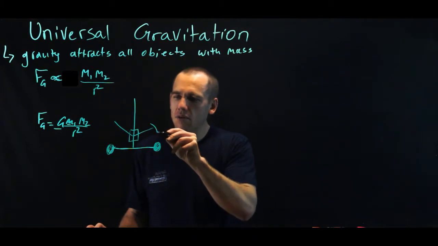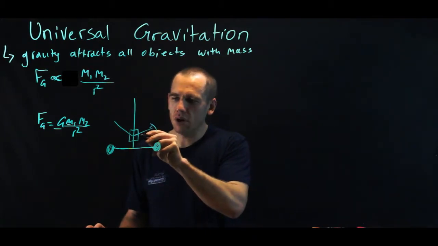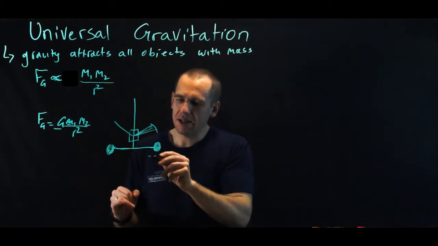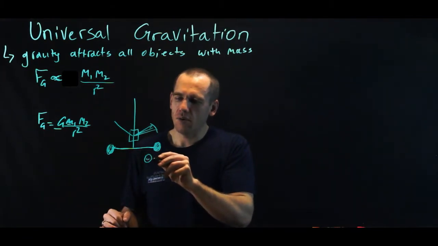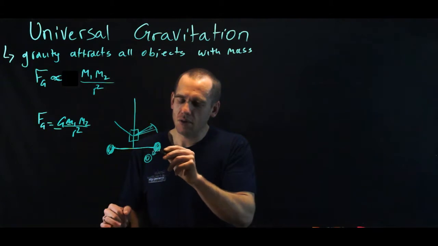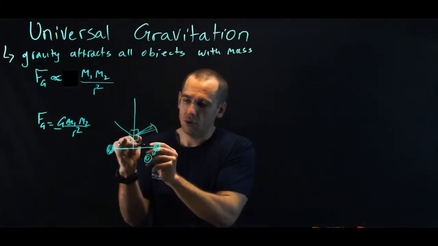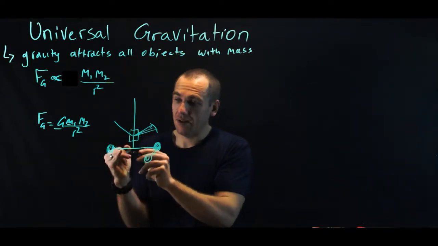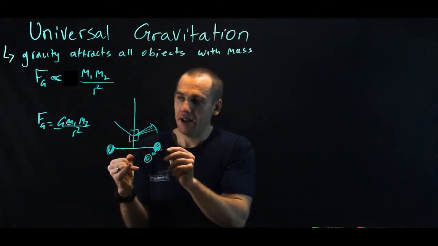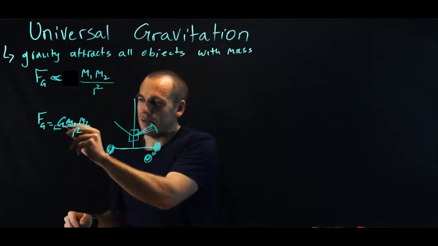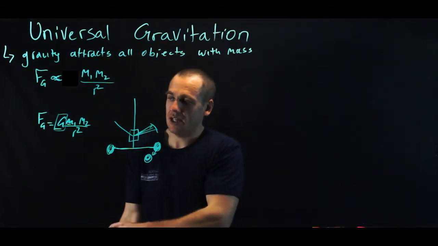And he did that so over here he could measure very small angles that this thing would turn through when he brought up a second mass over here, and so that he could measure how much torsion it took to turn that cable, and he could therefore measure the force of attraction between these two masses. And from that, he was able to calculate this constant G.